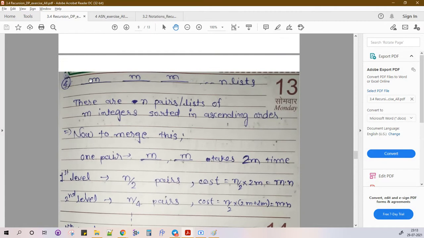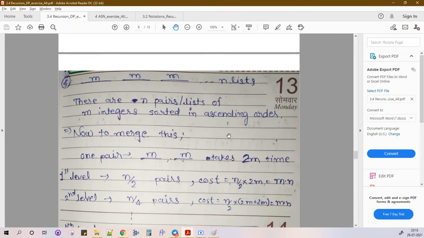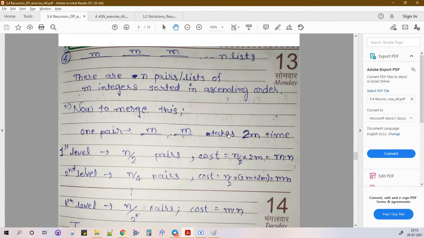So I have n lists of m elements like this. The merging operation is performed by taking a pair: we have array 1 and array 2, and we merge them.